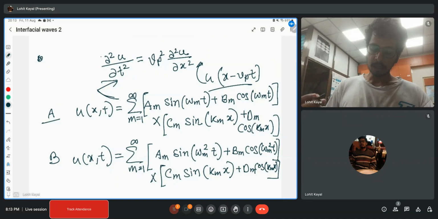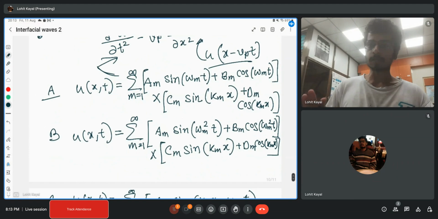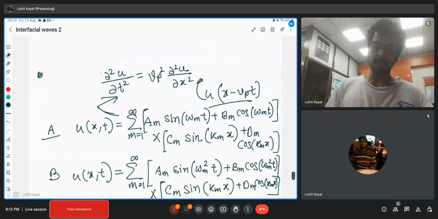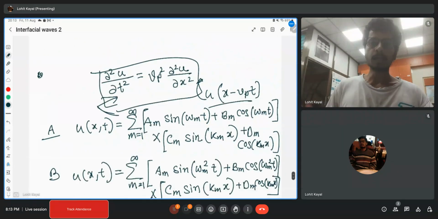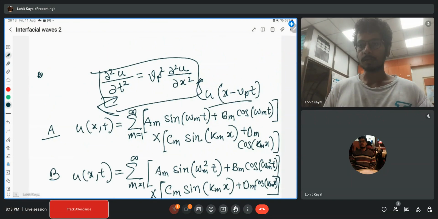If I don't put any summation sign, then if any one or two of the solutions are correct, they will definitely satisfy this equation. But that is not the most general solution. You are required to find the most general solution.